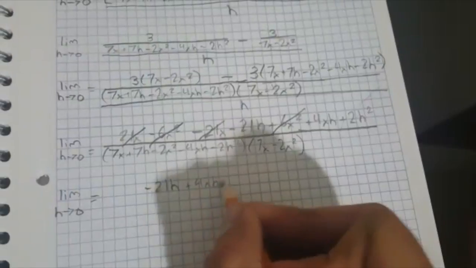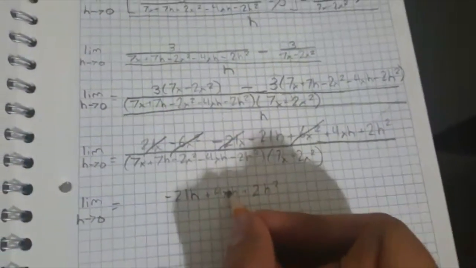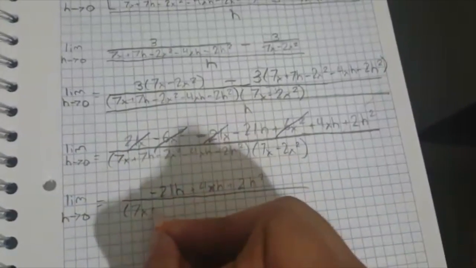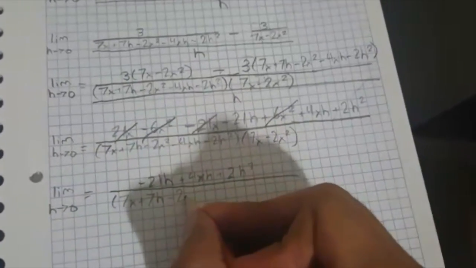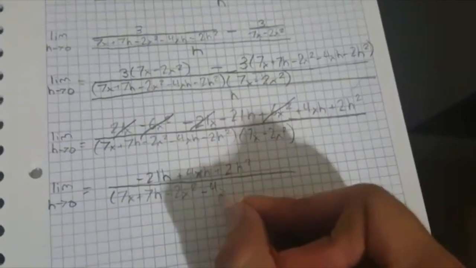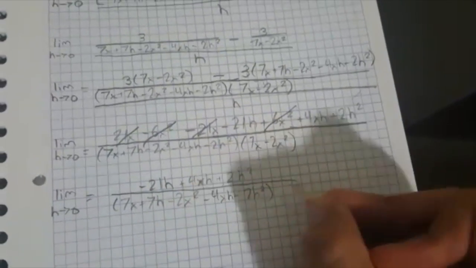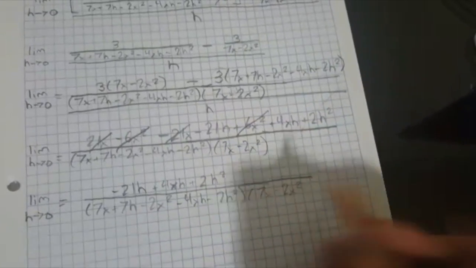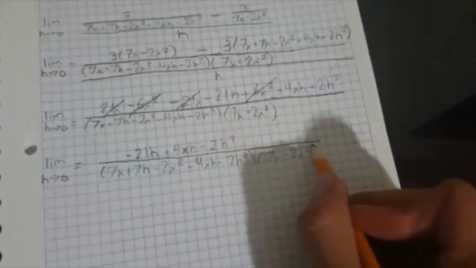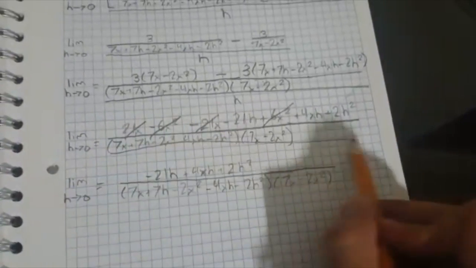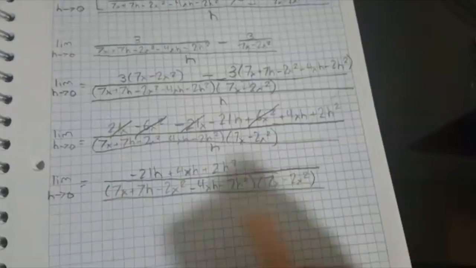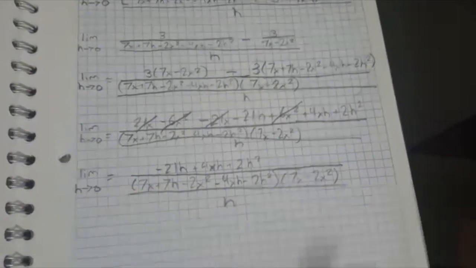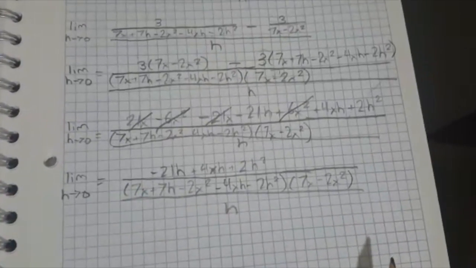Plus 4xh plus 2h squared, over 7x plus 7h minus 2x squared minus 4xh minus 2h squared, times 7x minus 2x squared. Remember that everything of this is divided by h. I will leave it like this, and my partners will continue with the procedure.